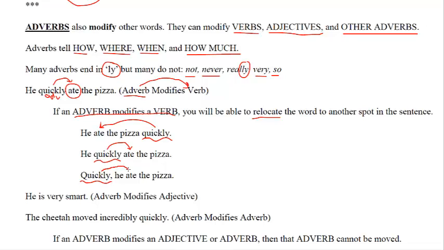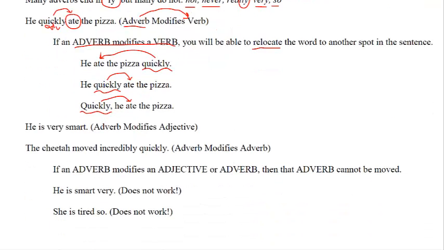Sounds okay? Okay. All three of those instances are legitimate ways to use quickly in a sentence. Therefore, that adverb modifies a verb. Okay? However, if you cannot relocate that adverb, it must be modifying an adjective or another adverb.